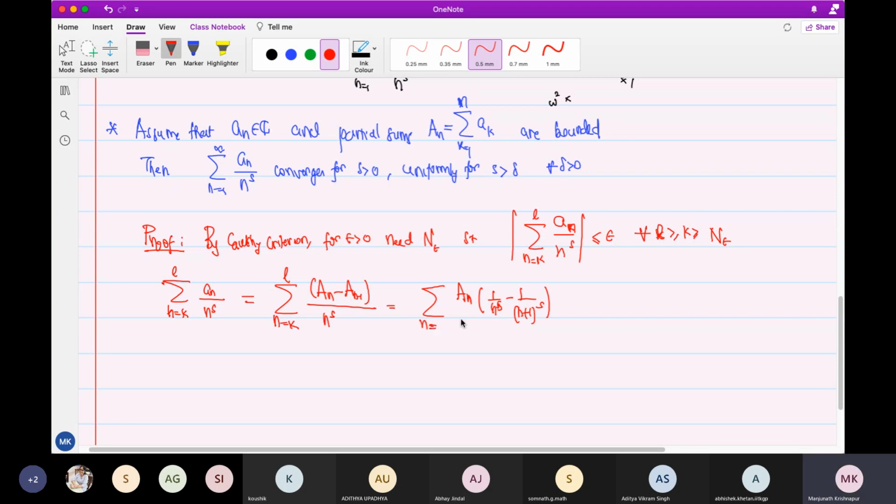So what are the terms remaining? Which ones don't come like that? This is okay for n equals k up to L minus 1. But then there are two terms: AL doesn't come with L plus 1 to the s, so we get AL by L to the s, and at n equal to k, we also have A k minus 1.